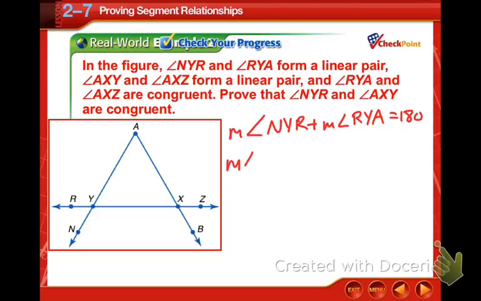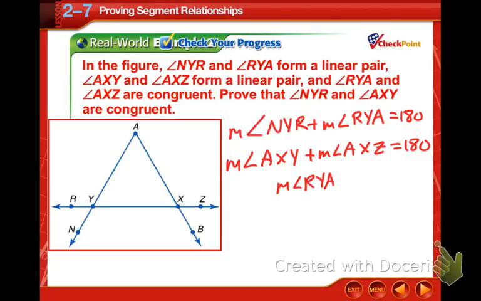And the same thing for the measure of angle AXY plus the measure of angle AXZ. That equals 180. And we also know that the measure of angle RYA is equal to the measure of angle AXZ.